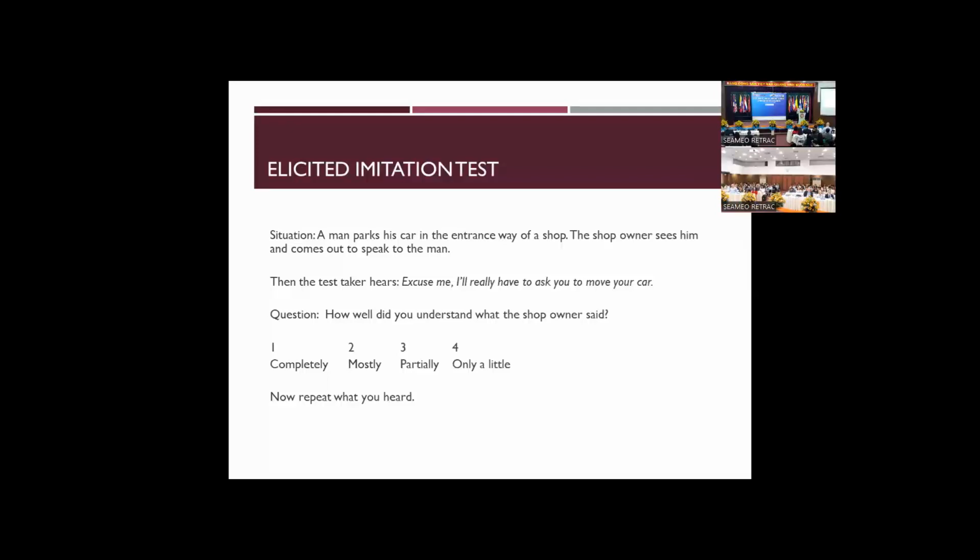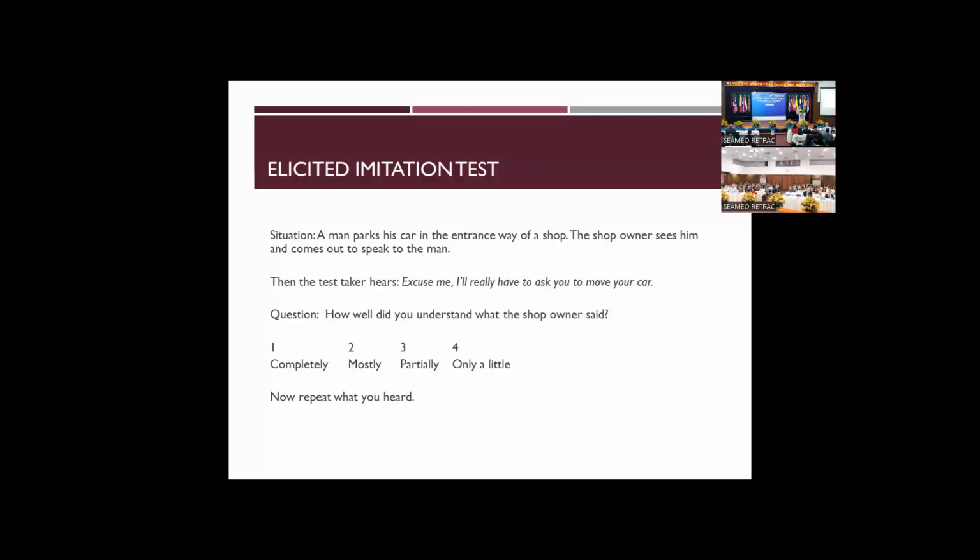We also included an elicited imitation test. And this is an example of an item from the test. Situation A: a man parks his car in the entranceway of a shop, and the shop owner sees him and comes out to speak to the man. Right?